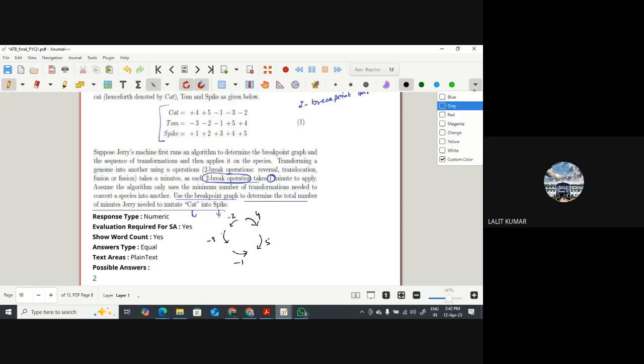Now you connect them with red color. This is your cat. And now you make the Spike. Spike is +1, +2, +3, +4, +5. Now you join them with the blue color.